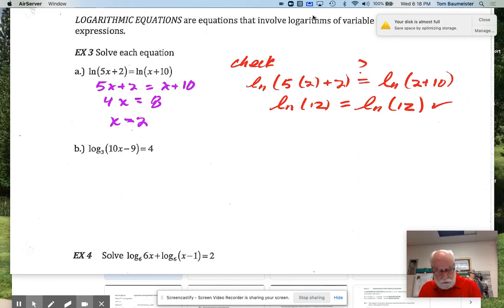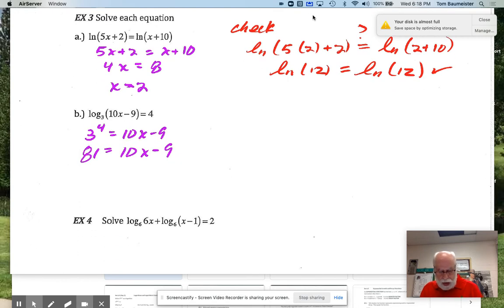So again, let's think, this base raised to this power equals this. So this base, 3, raised to the 4th power is equal to 10x minus 9. All right, 3 to the 4th power is 81, is equal to 10x minus 9.